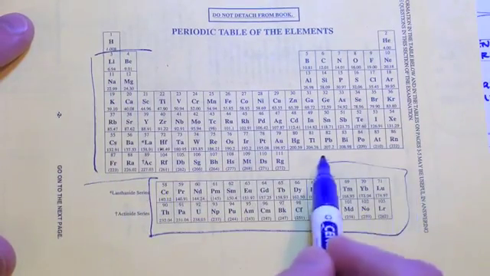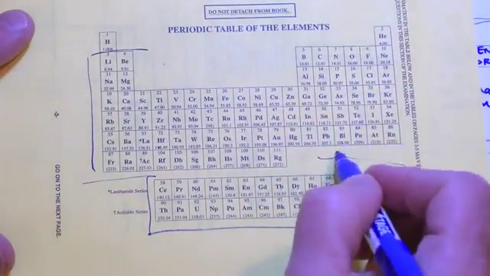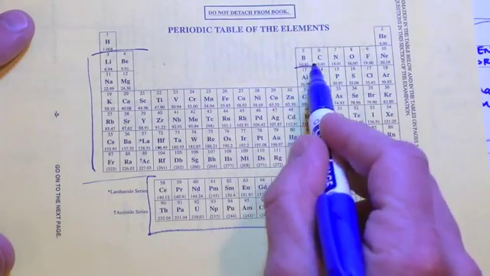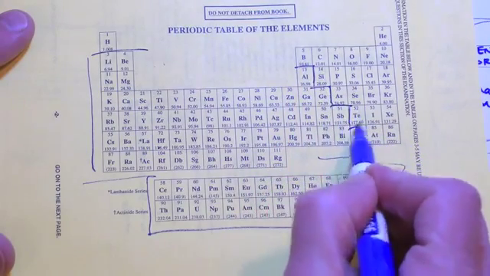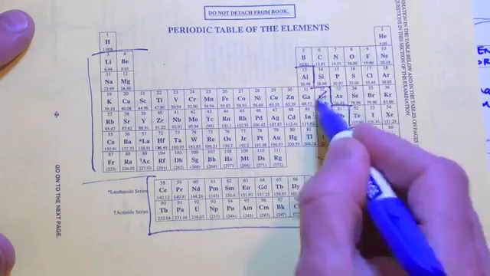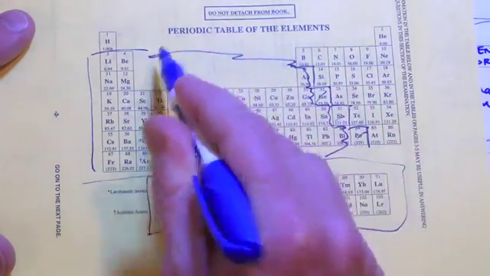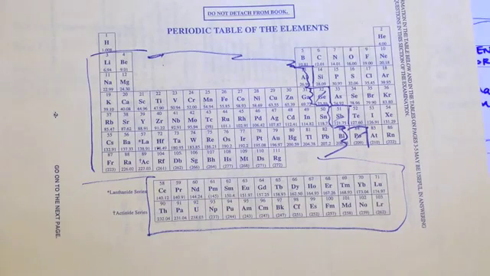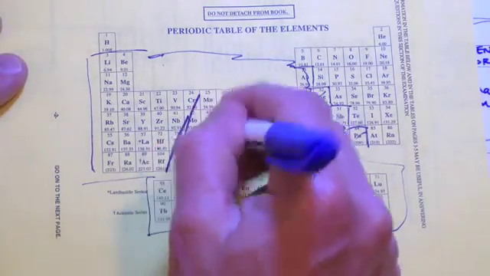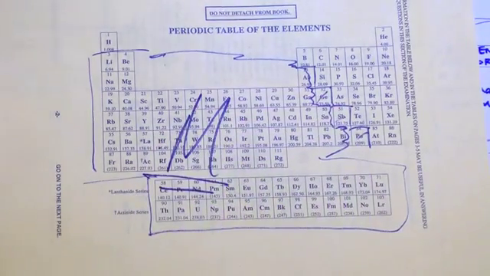They're all of these guys up to where we've got this staircase right here. Remember, bordering the staircase, these guys are semimetals, so sometimes they can be involved in ionic bonding, sometimes not. Aluminum is a metal and is involved in ionic bonding almost all the time.